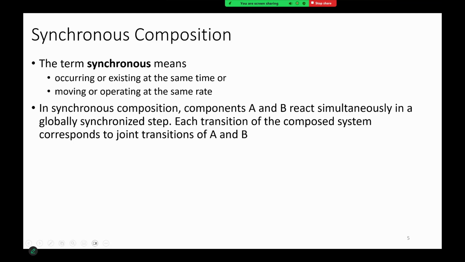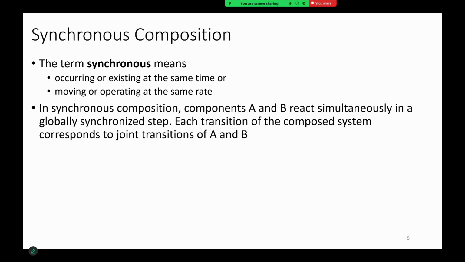We have two types of composition: synchronous and asynchronous composition. When you hear the word synchronous in circuits, what does that mean? Exactly.